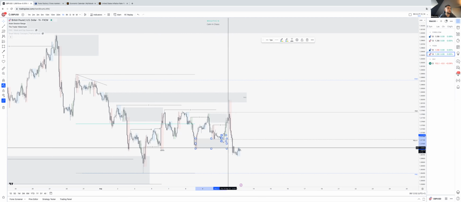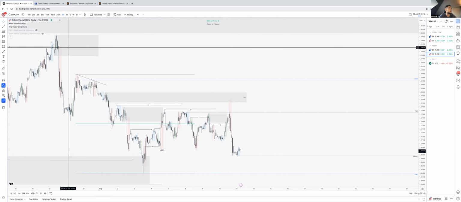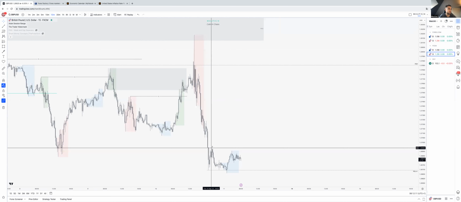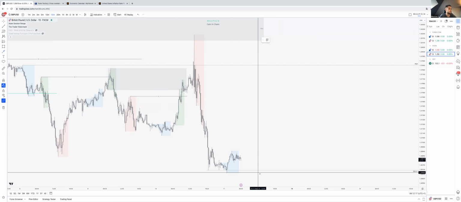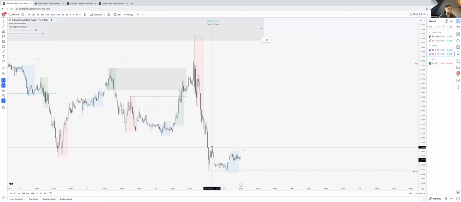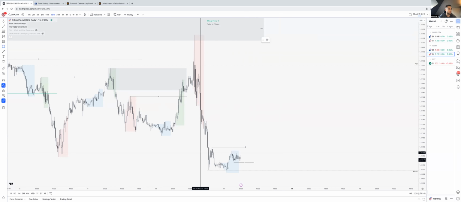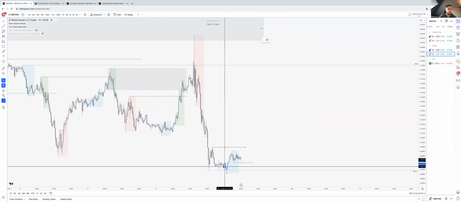Previous daily lows taken, and now we need a 15-minute realignment. That would mean breaking above here. I want to see price break above here, then get below here, come into here. But I would say take a refined one.